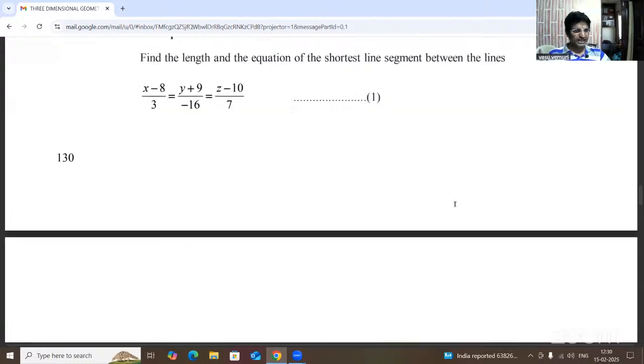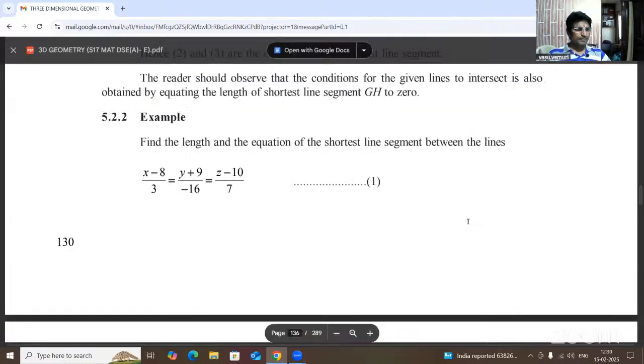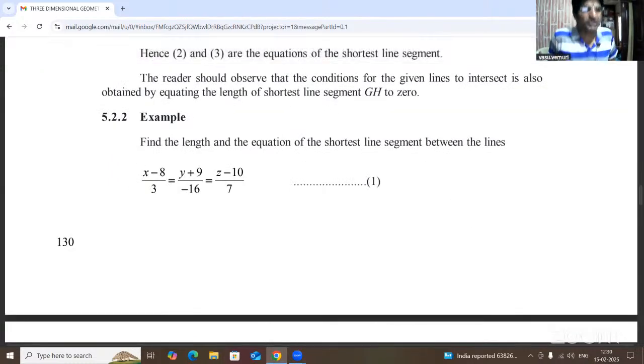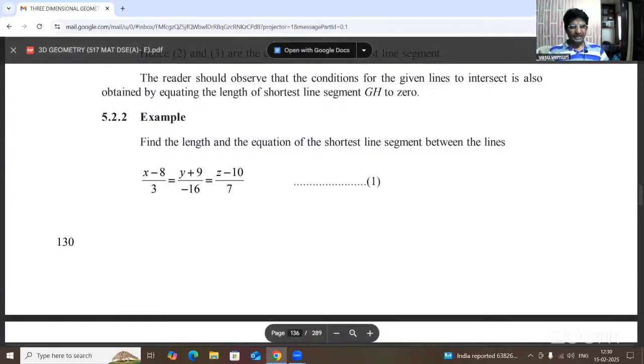Now you just have to see and practice the problem 5.2.2. Without this problem, we can't expect to do well in the final examination. Find the length and the equations of the shortest line segment between the lines.